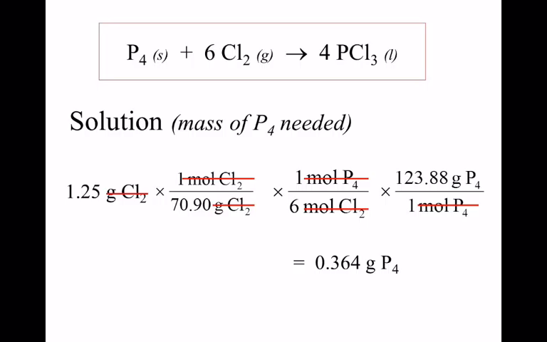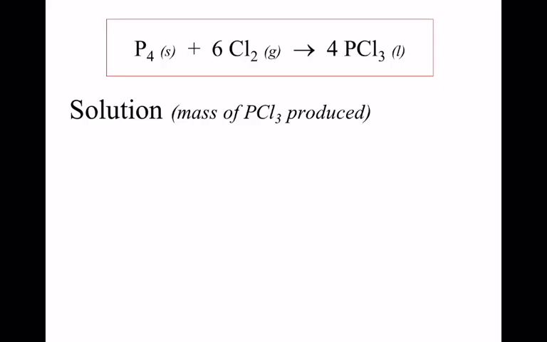Okay. So now I'm going to give you a little bit of time, and you're going to work this problem. You can't just add 1.25 times that other one. With 1.25 grams of Cl2, what mass of PCl3 will be produced? And I'll go ahead and put enough, or sufficient, under P4.